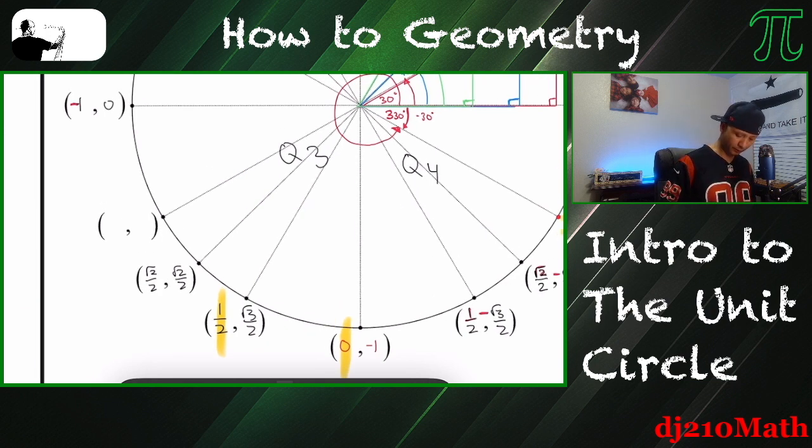So if this is 0, then the 1/2 is going to go in order, right? 0, 1. So 1/2. And then root 3 over 2 goes with 1/2. And now remember, left is negative and down is negative. So this quadrant 3, both x's and y's are both negative. Right, because we're left and down now in quadrant 3.